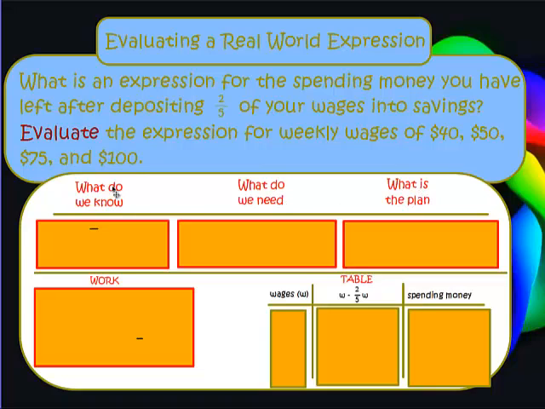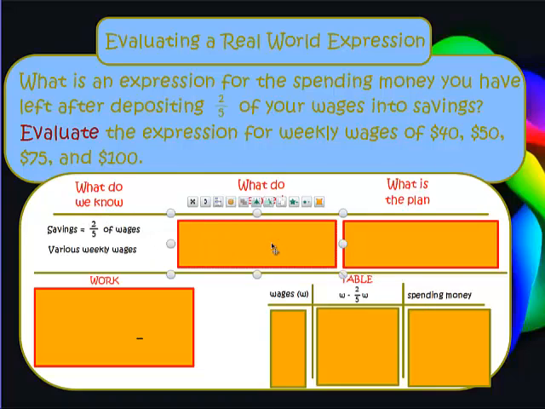So first off, what do we know? Well, we know a couple things here. We know that the savings is 2/5 of my wages, and I know that there are various weekly wages: $40, $50, $75, and $100. So my spending money is going to be something else.